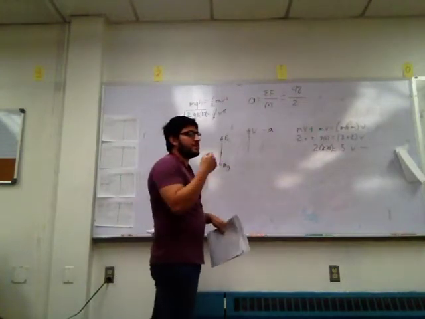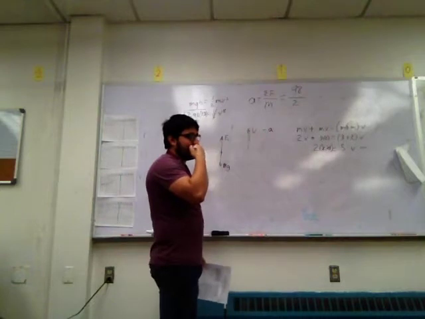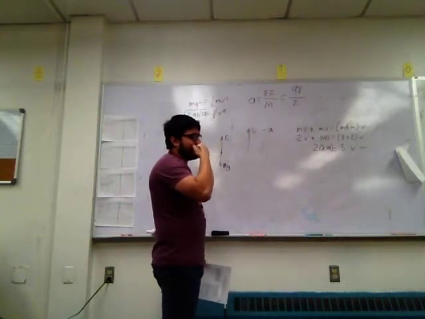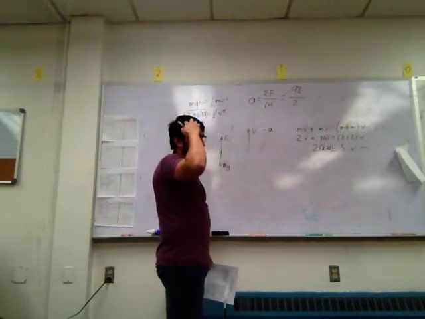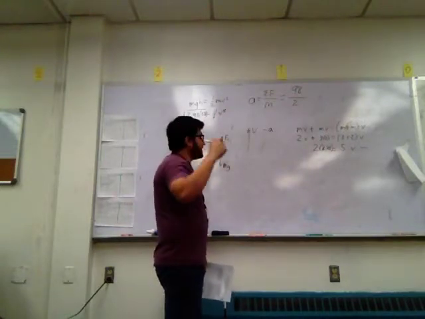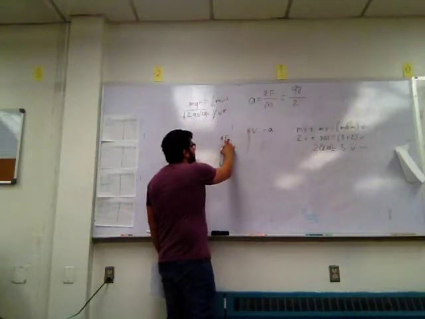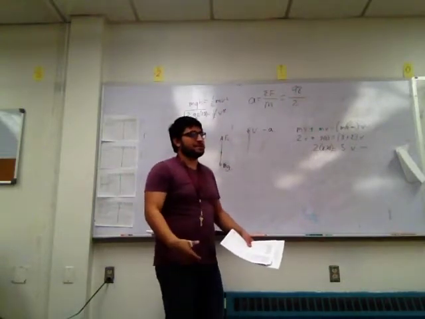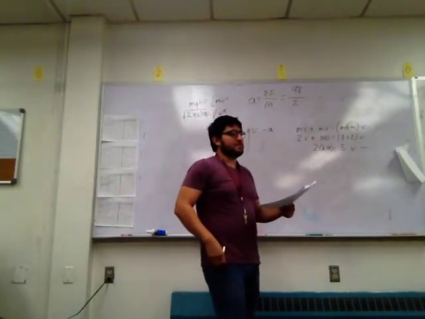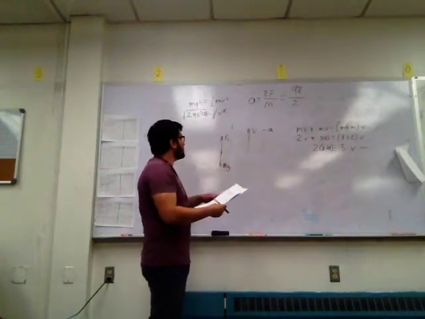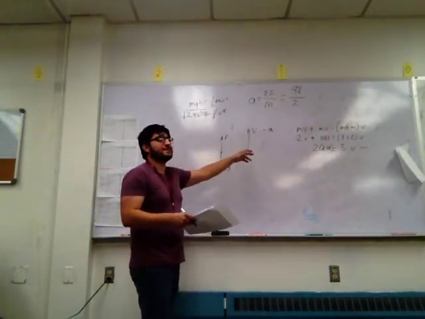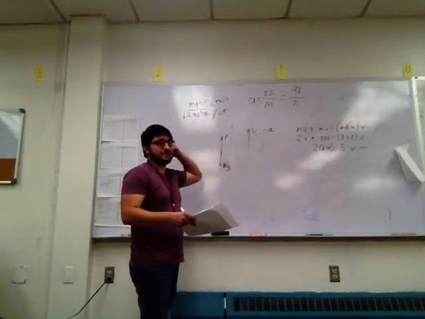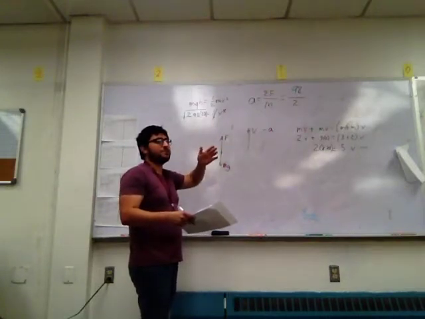The thing is that it isn't Fn because it's in that elevator, so technically it's in free fall, no? Because it's tension that's actually pulling it. Well, that's the normal force of the object inside of the elevator. But yeah, the point is, if you didn't want to think about it as the normal force and you were thinking about it as the tension pulling up the elevator, you could do it that way.